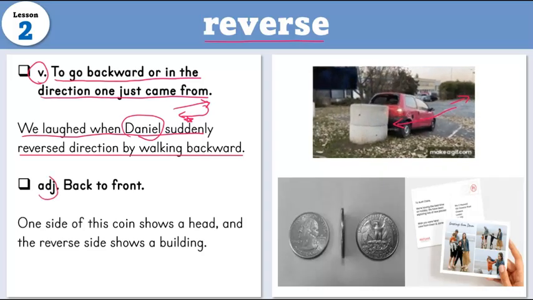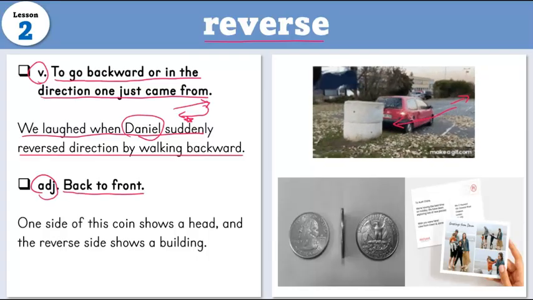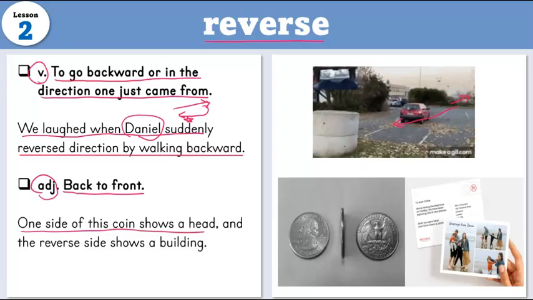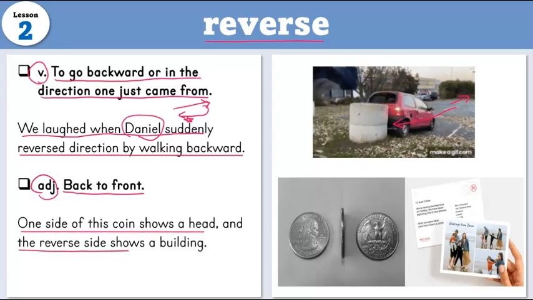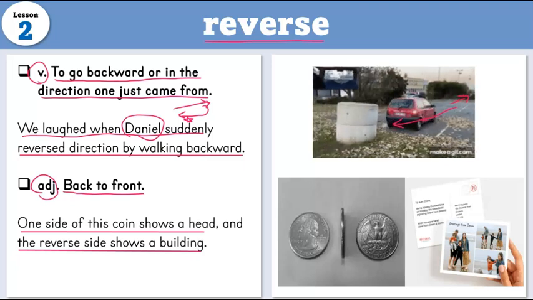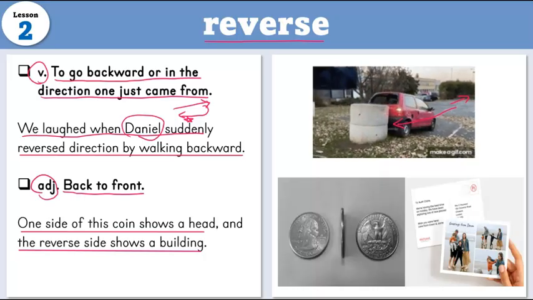And reverse can also be used as an adjective meaning back to front. For example, one side of this coin shows a head and the reverse side shows a building. This meaning of reverse is often used with coins, paper, cards, signs, and metals.